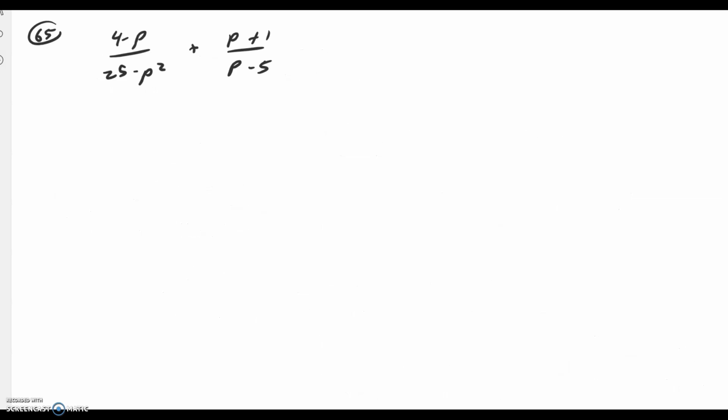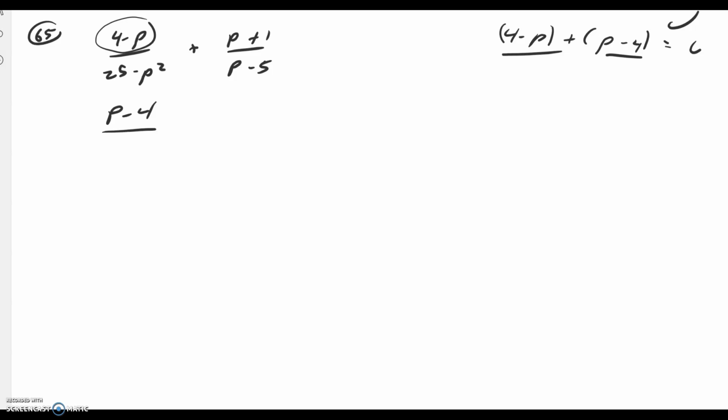When you turn a subtraction around, you get the opposite. So if I multiply this numerator by -1, I can do that by simply turning the subtraction around. Notice over here that 4 minus p plus p minus 4 does equal 0. So these 2 are opposites of each other. And when you multiply something like this by -1, you get the opposite. So when I rewrite 4 minus p as p minus 4, I've taken its opposite.